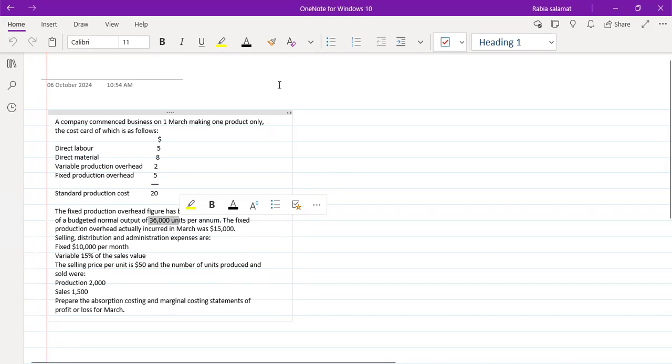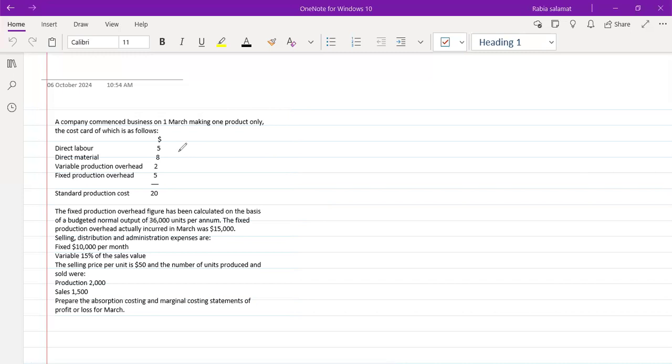Your budgeted production volume is 3,000 units per month. What is your actual? Actual is 2,000. Your actual production volume is different from the budgeted production volume, so you have to calculate under and over absorption.